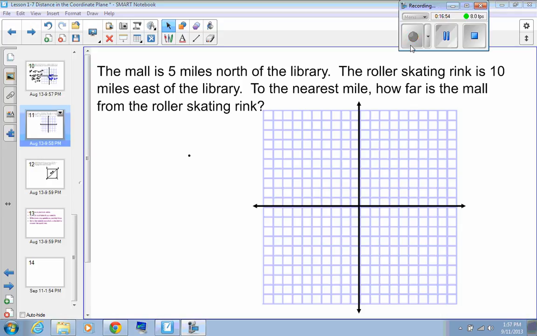So let's take a look at our last problem. The mall is 5 miles north of the library. The roller skating rink is 10 miles east of the library. To the nearest mile, how far is the mall from the roller skating rink? So this is going to be the mall. And it says that the mall is 5 miles north of the library.